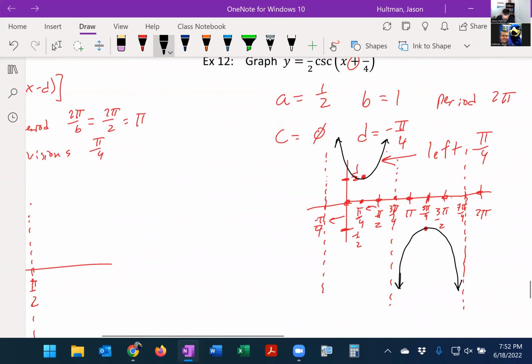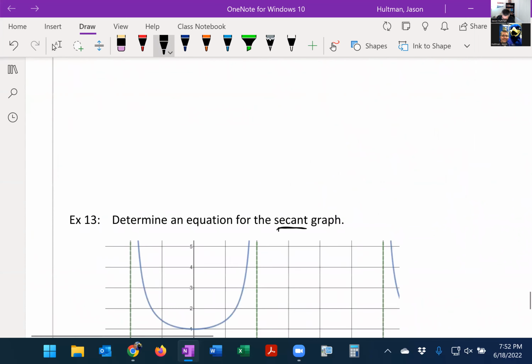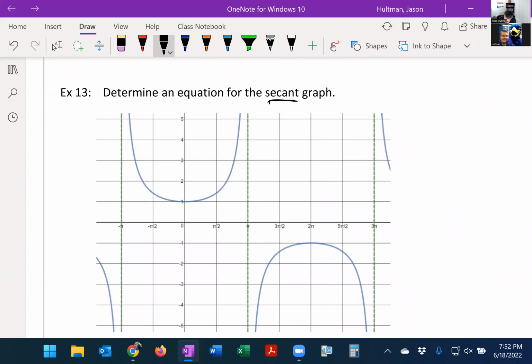This one starts at negative pi, and it looks like the period is 4 pi, because 3 pi minus negative pi gives a distance of 4 pi. I get an up U and a down U.